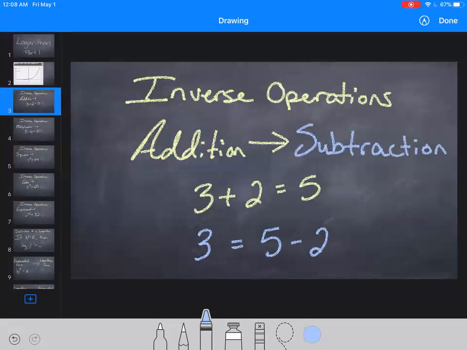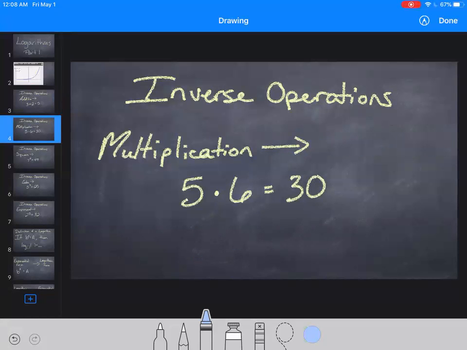If I were to look at multiplication, I know the inverse operation of multiplication is division. 5 times 6 is equal to 30, but I also know that 5 is equal to 30 divided by 6.